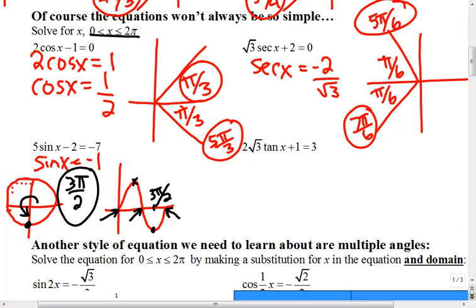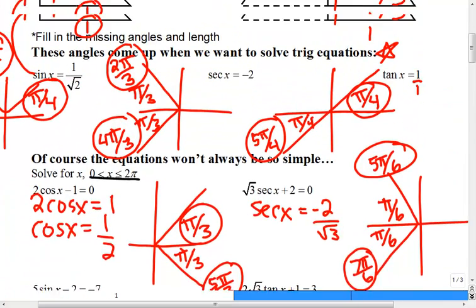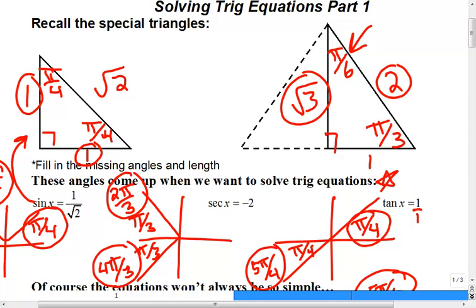Okay, so for the last one, that means I'm going to have, let's see here, 2 root 3 tangent of x equals 2. So tangent of x will be 1 over root 3. And if I was to double check on my exact values, the two values I'm looking for are 1 and root 3.